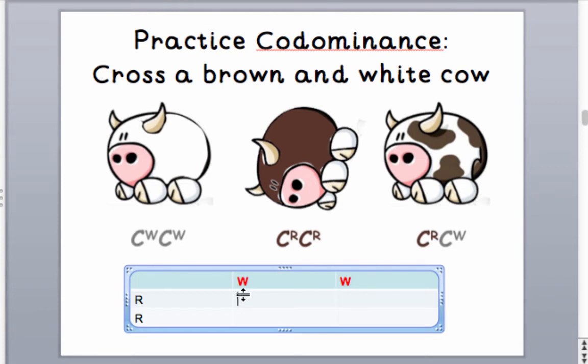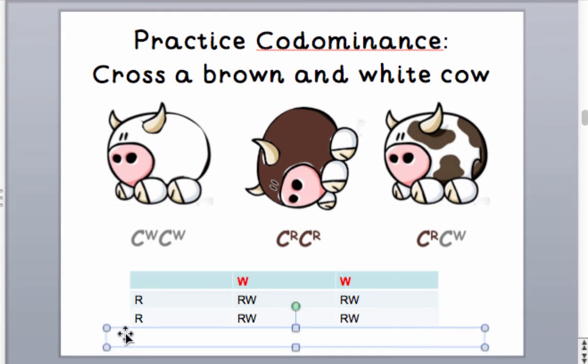So the R is going to move on this side and on this side. And the W is going to move on this side and on this side, resulting in a total of 100% RW or 100% spotted cows. So in here, let's write the results, which will be 100% RW or 100% spotted cows.